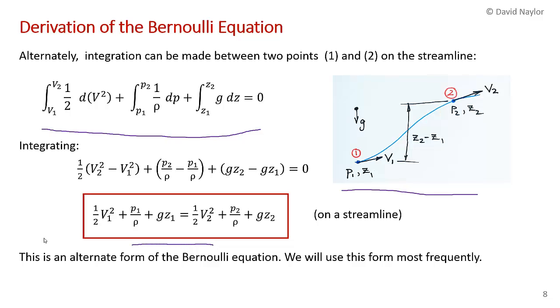This is an alternate form of the Bernoulli equation. This is the form that we will most frequently use. When we do problems, you'll see it's most convenient to apply Bernoulli's equation from one point to another. And again, you should keep in mind from this derivation that this equation applies on a streamline.